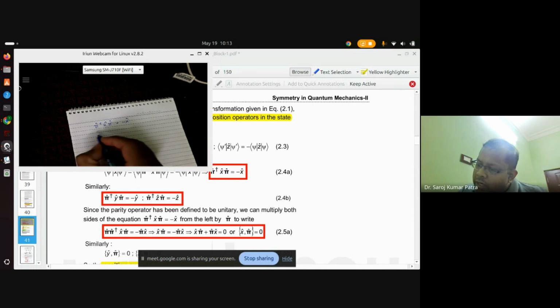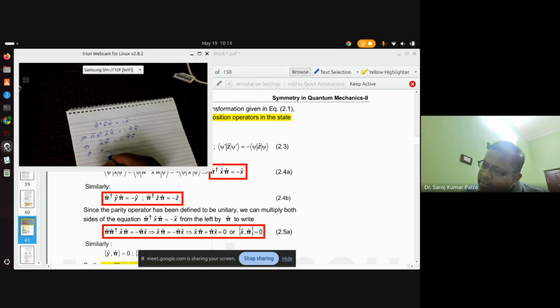Then what will happen? If I multiply pi on the left, pi dag x cap pi will be equal to minus of pi x. Now pi dag pi will be unitary identity. So x pi is equal to minus of pi x.